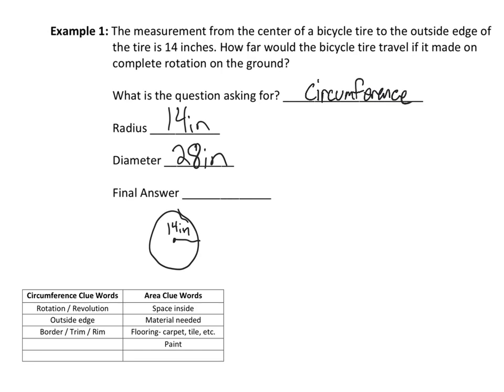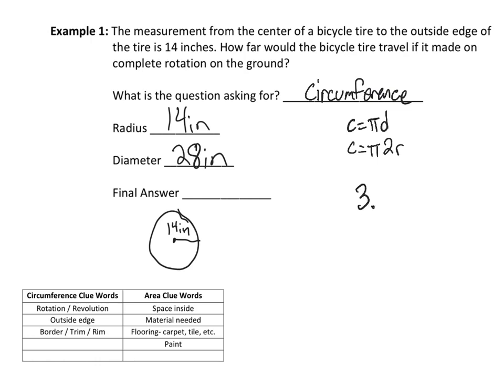Now we need to figure out what the circumference is. Circumference equals pi times d, or circumference equals pi times 2 times r. Either way, you'll get the same answer. Since we've found diameter already, we can use the top formula.